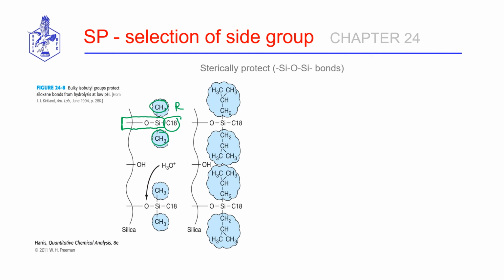Those are fairly small structurally. If we have any unreacted silanol sites on the surface, such as the one depicted here, the access to that silanol site is going to be pretty easy.